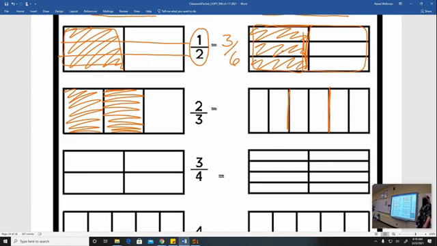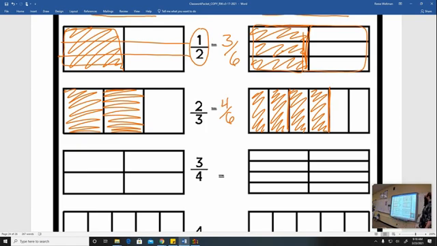How many parts do we have in total, not just the shaded one, but the total? 6. And how many did we shade in? 4. So our fraction is 4/6. That's right.